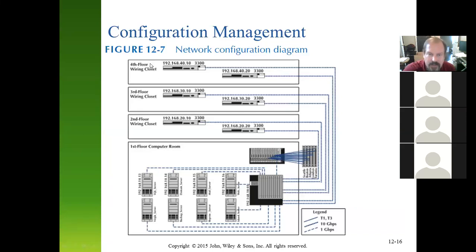You'll notice in this example document drawing that we've conceptually drawn boxes around groupings. We've grouped the hardware together, so it should be fairly easy to tell when I look at this drawing. Although this is not physically how the building's laid out, it conceptually tells me these two switches are on the 4th floor, and here are their IP addresses and port numbers.